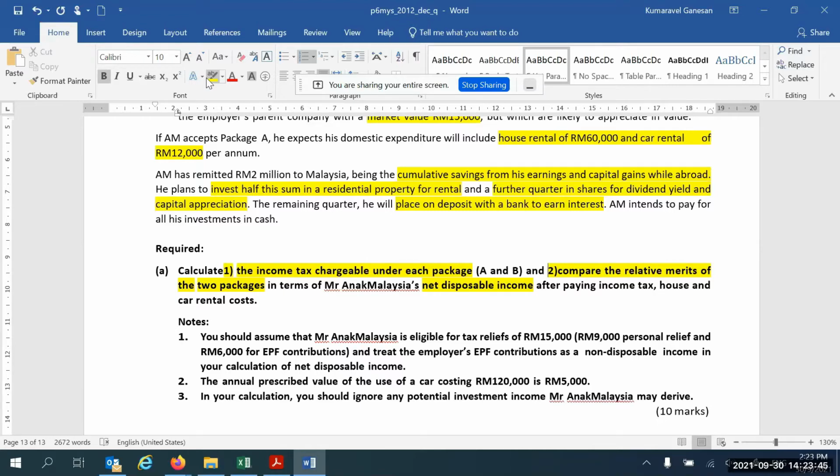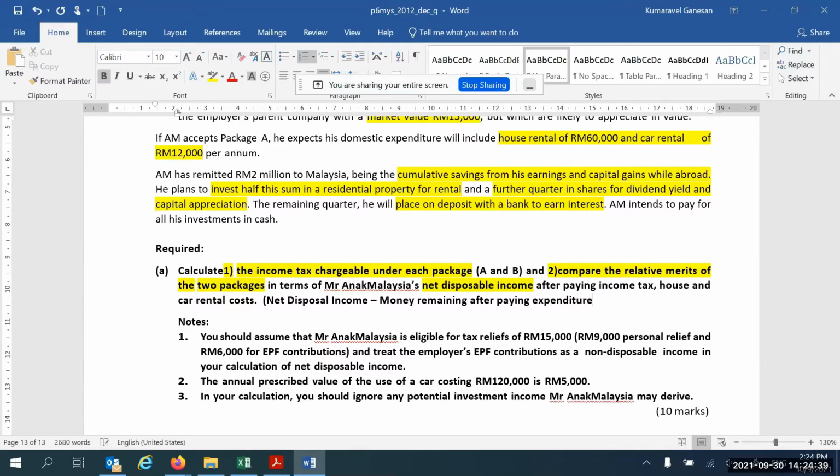Okay. Now, net disposable income is actually your money, how much money you have left after paying off your income tax, house, and car rental. Money remaining after paying expenditure.